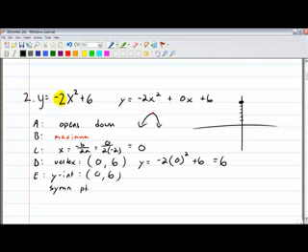This thing opens down. So let's say this is your basic shape here. Well, if the vertex is also the y-intercept, and you reflect this point across the line of symmetry, where's it going to go? Well, it's going to stay exactly where it's at. So it will be 0, 6.